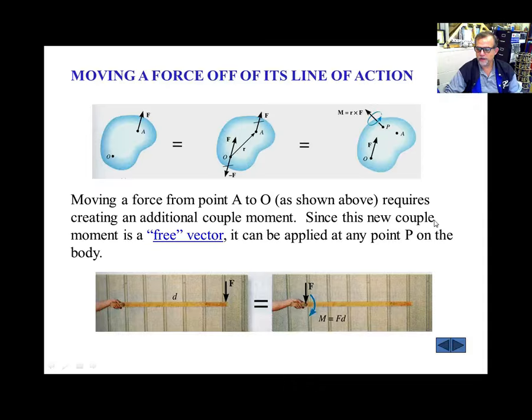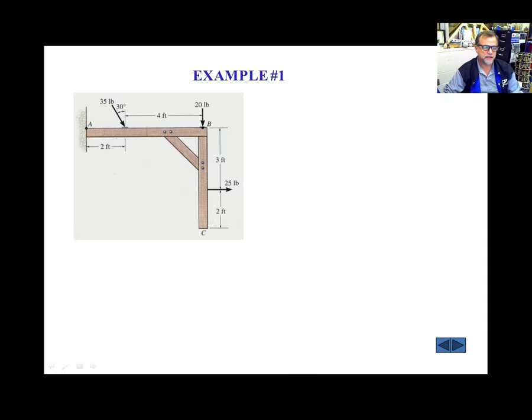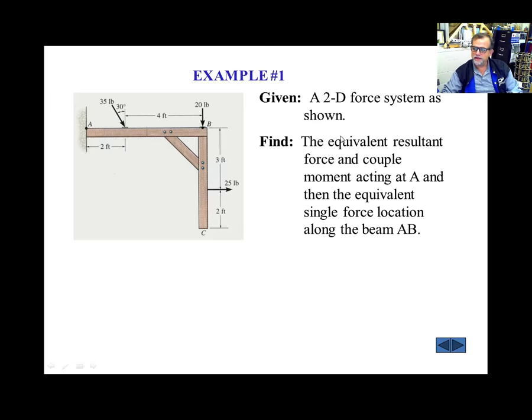Okay, good. Let's do this example. In this example, what the problem is asking us to do is find the equivalent resultant force and couple system acting at A, and then the equivalent single force location for the beam AB. If you read it like that, it's a little bit weird, but basically you should convert this in two parts.